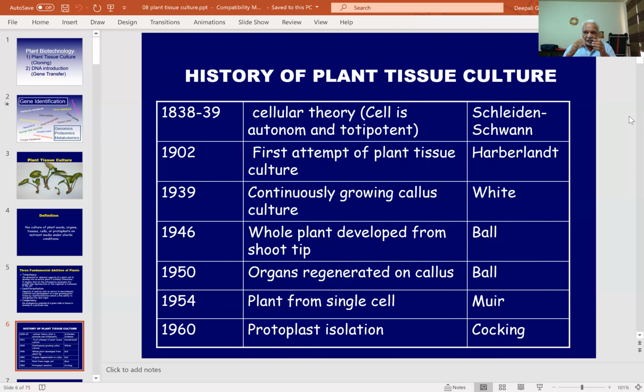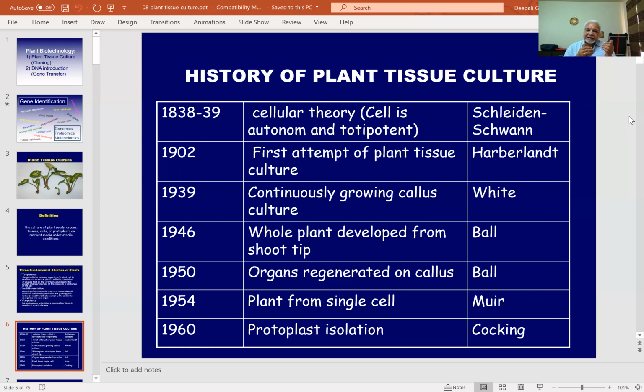Around the same time, organs were regenerated on callus, so a dedifferentiated mass of cells like callus could be regenerated into organs, and then plants from a single cell, not from a mass of cells, but a single cell could be regenerated into a whole plant.